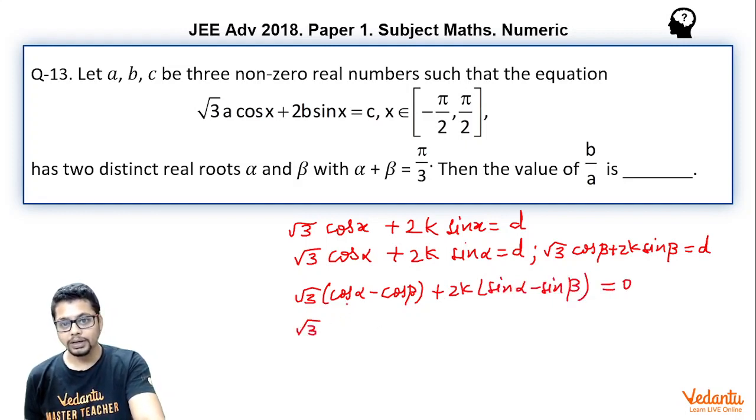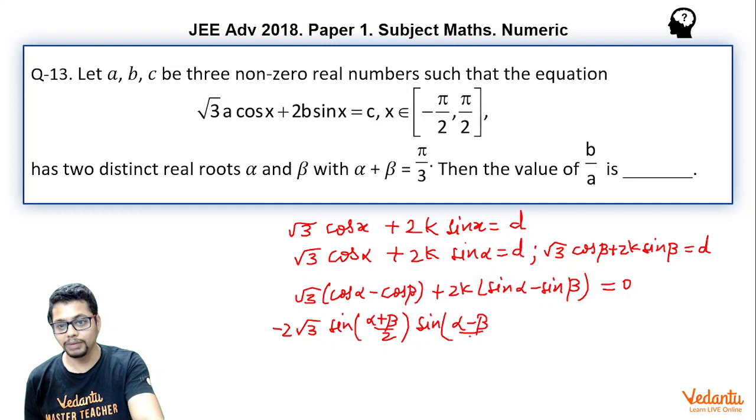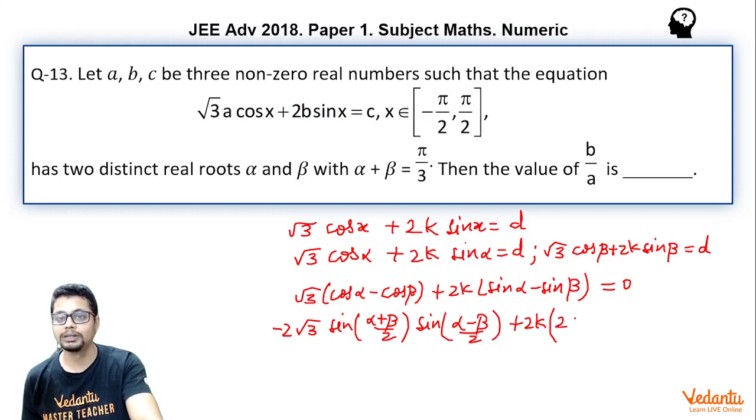Now here cos alpha minus cos beta, using the formula, we get minus 2 times sin of (alpha plus beta) by 2 sine of (alpha minus beta) by 2. And sine alpha minus sine beta, again using the formula, we get 2 times sine of (alpha minus beta) by 2 cos of (alpha plus beta) by 2, equal to 0.